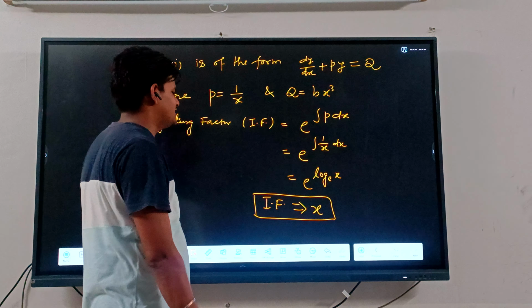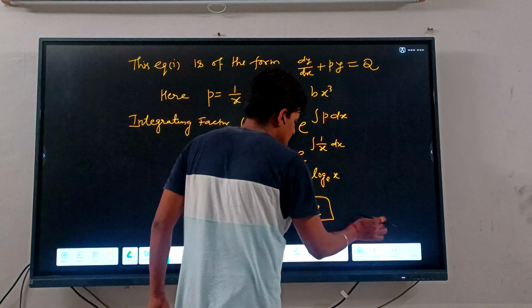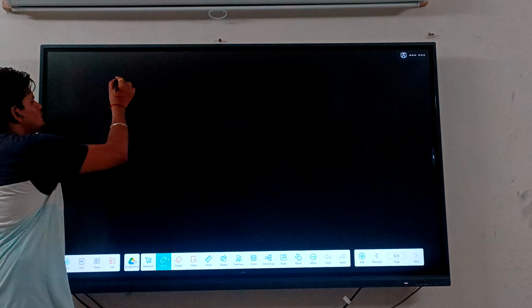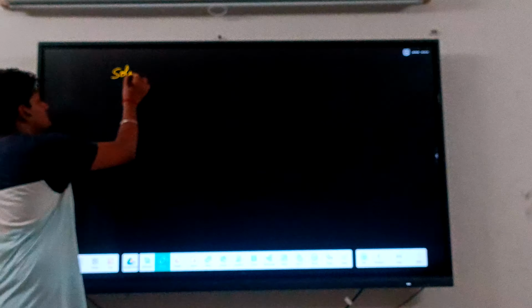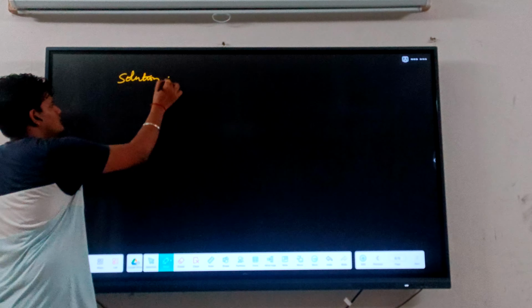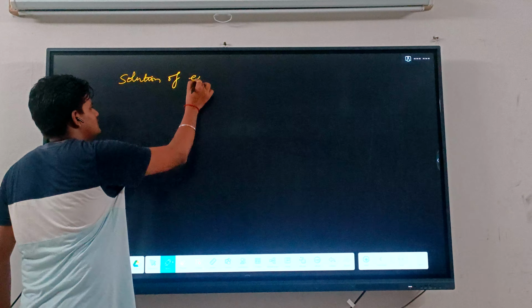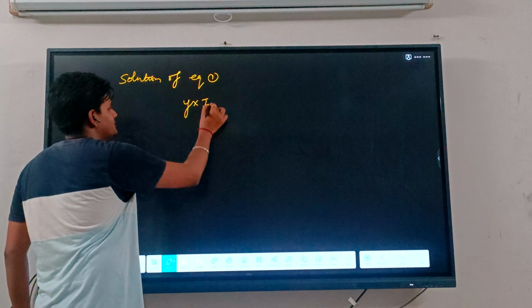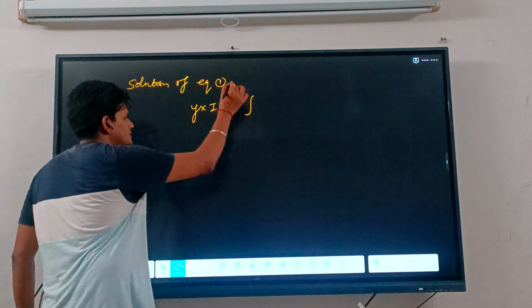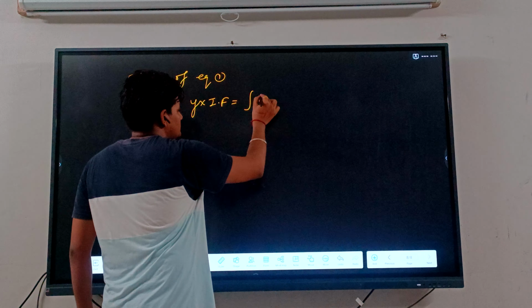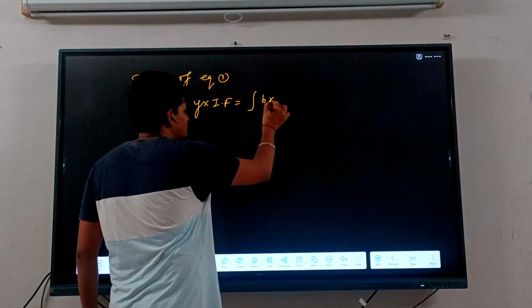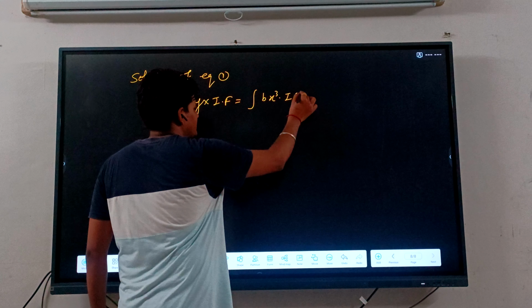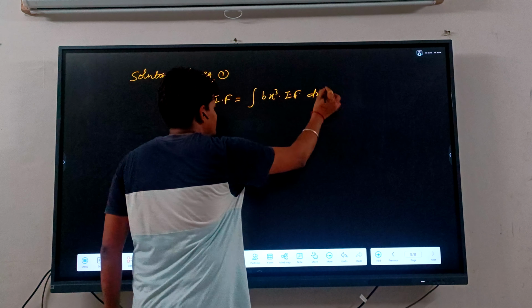So the next step is to write the solution of equation 1. y multiplied by the integrating factor is equal to the integral of Q times the integrating factor dx.